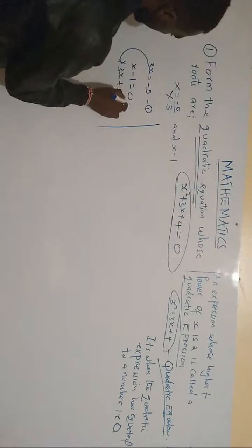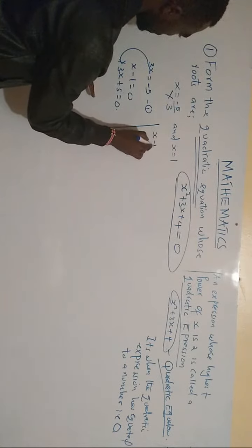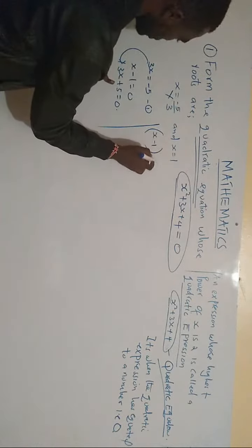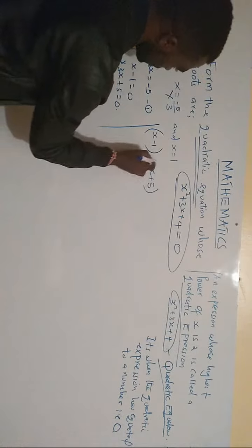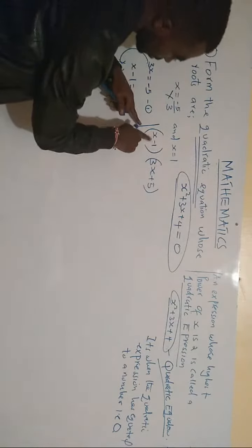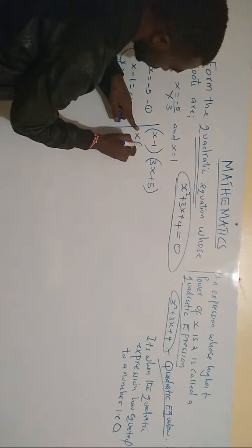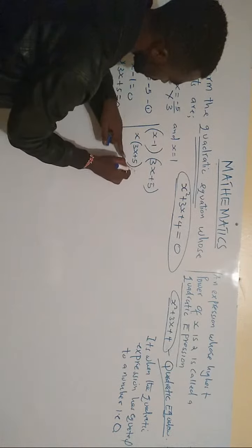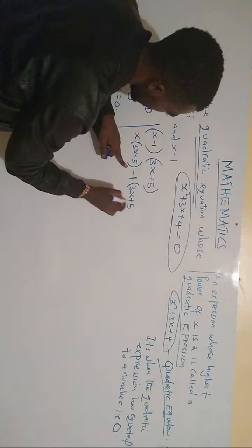So when the equations are in this form, we multiply the two roots. The first one is x minus 1, and you multiply by the other root, which is 3x plus 5. Then you can open the brackets. This will be x into 3x plus 5, then minus 1 into 3x plus 5.